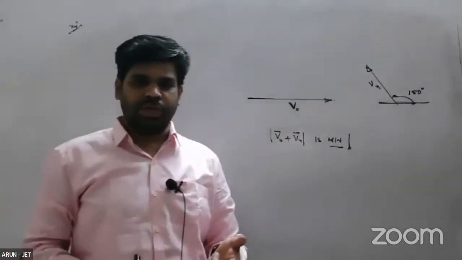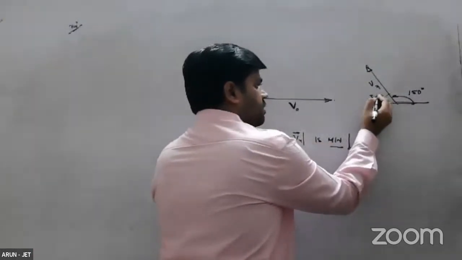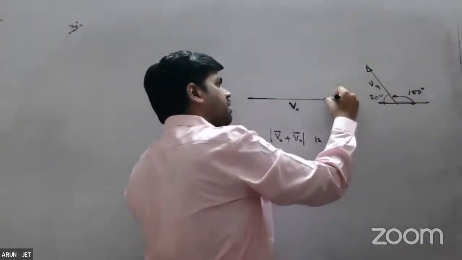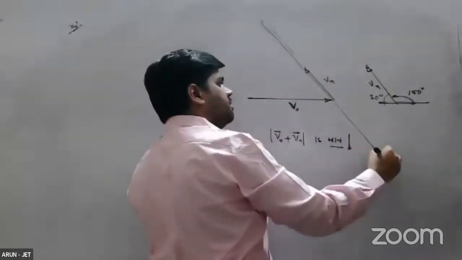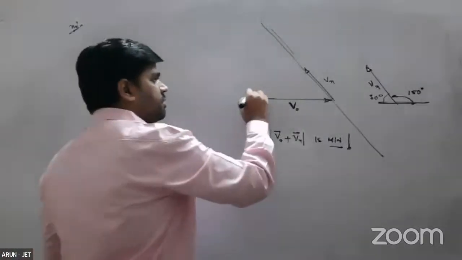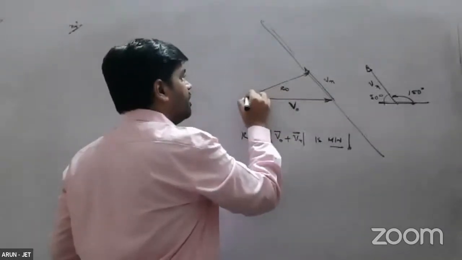All right. So how do you go about it? If this is 150, this is 30 degrees. I want to add these two vectors. So I'll slide this over here. So this is Vx along this line. This is my sum, R naught.